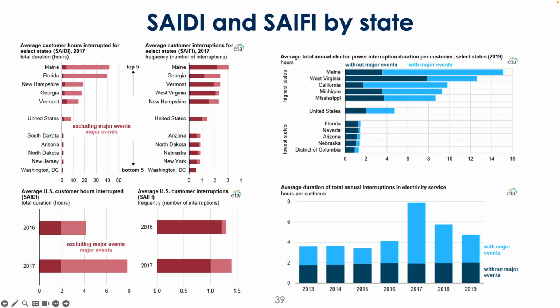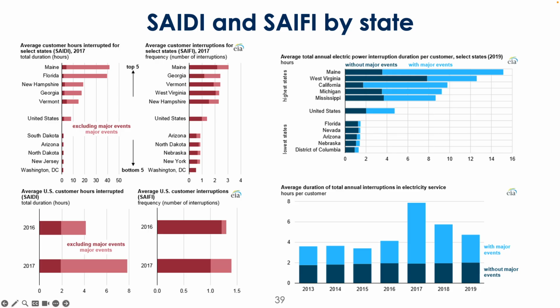I have some data about what this looks like. Across the U.S., for example, in 2016 you were seeing something like a 4-hour duration of interruptions over the course of an entire year, whereas in 2017 that went up to 8 hours.